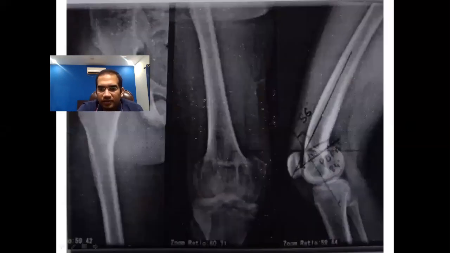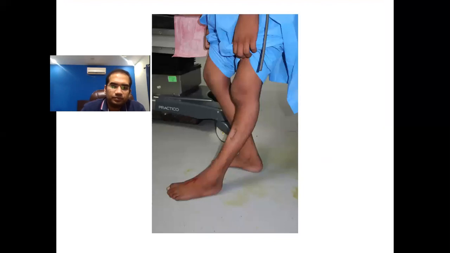So again, in this scenario, whenever there is a procurvatum or recurvatum at the knee joint, you not only address the bony aspects, you always take into consideration the soft tissue aspects as well. Okay. So what is happening over here?